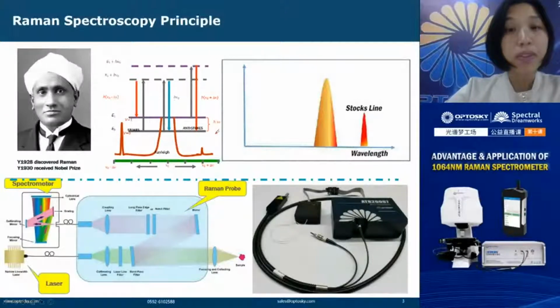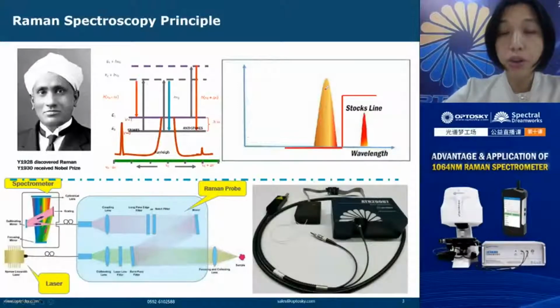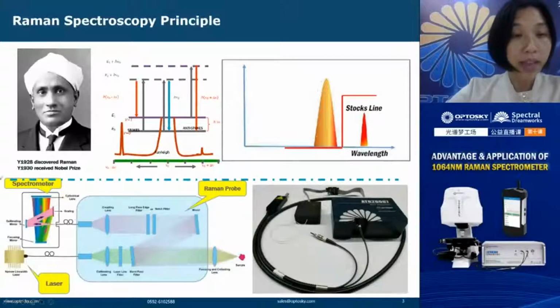Raman is used to identify the Stokes line, and we will use a long pass filter to filter out the Rayleigh scattering. And this is the Raman spectrometer's principle.